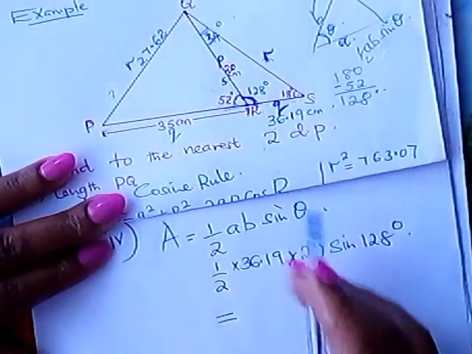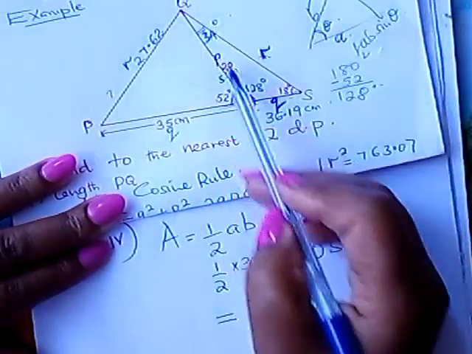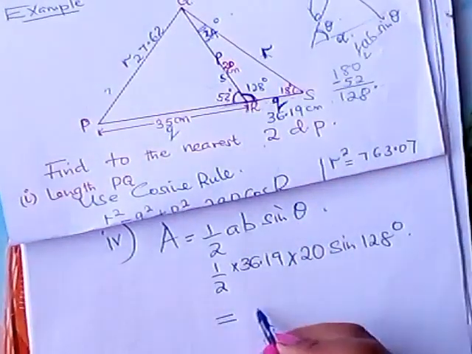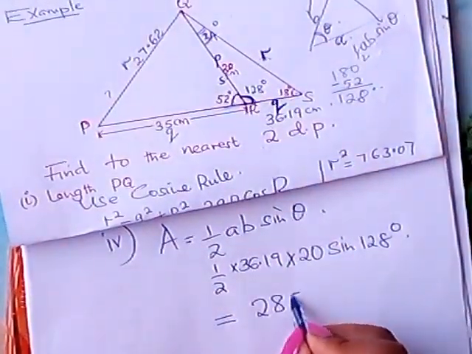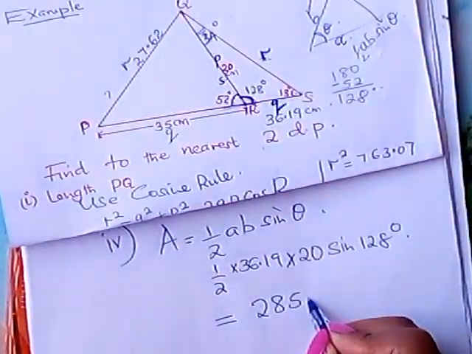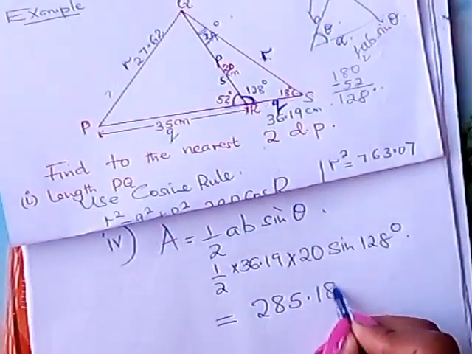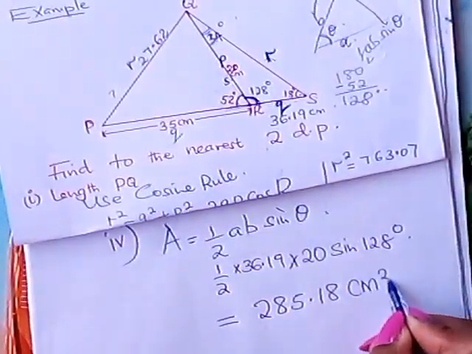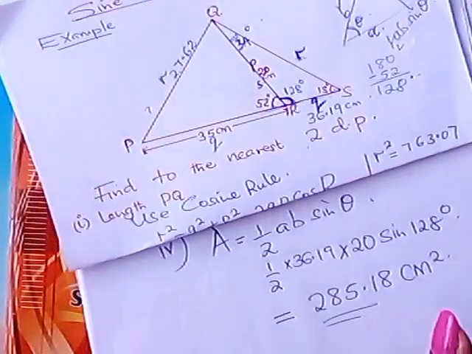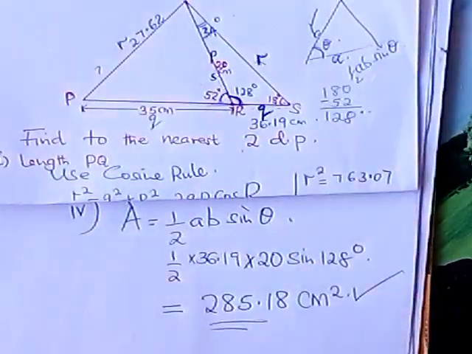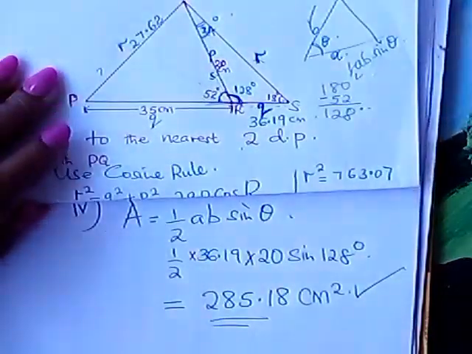So I hope you have got that: a half ab sine theta. You use a calculator properly, and therefore you should get 285.18 centimeters squared. That is the area of our triangle QRS.